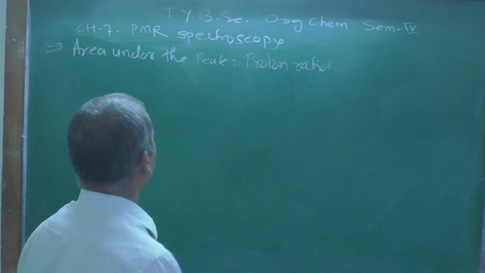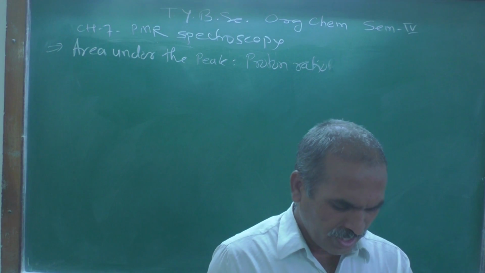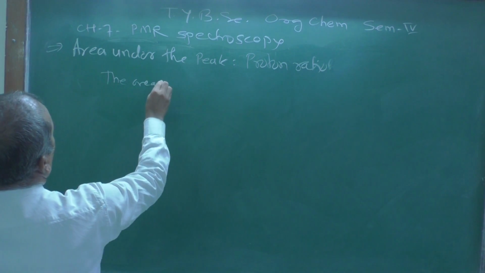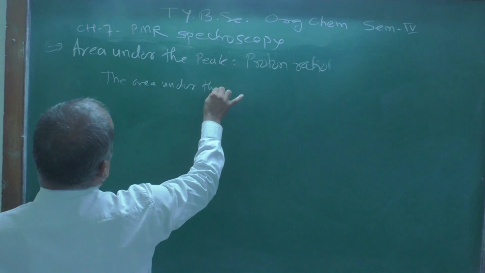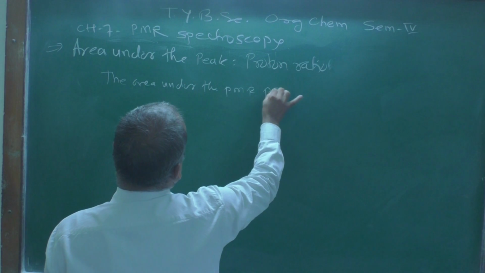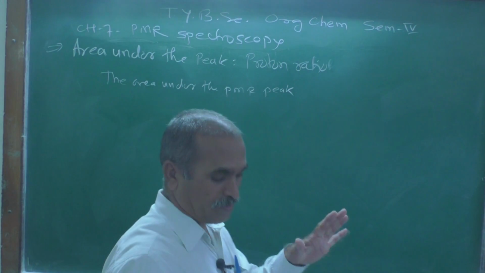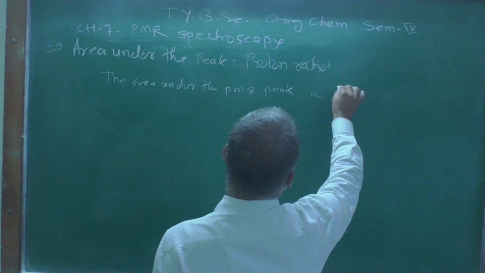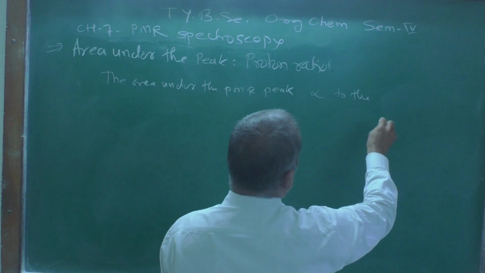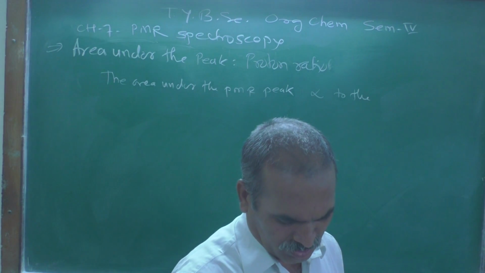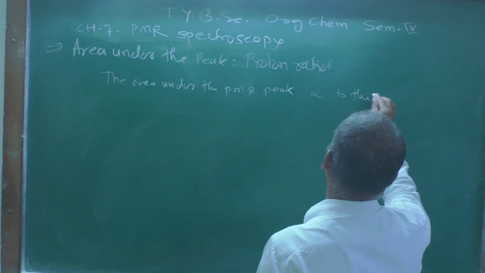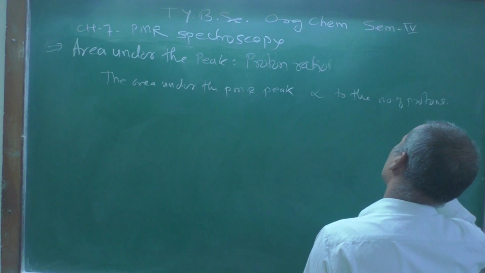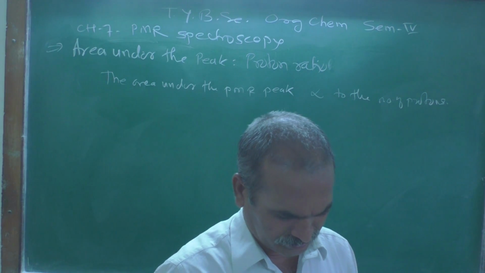It is observed that the area under the PMR peak is directly proportional to the number of protons which produce that peak.